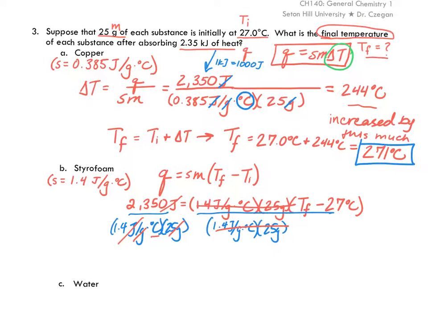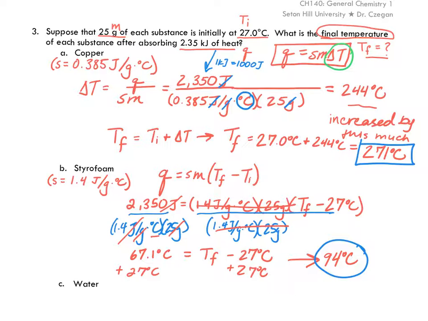So what we'll get here is 67.1 degrees Celsius equals TF minus 27 degrees Celsius. And then we just add this to both sides. And our final answer is 94 degrees Celsius.